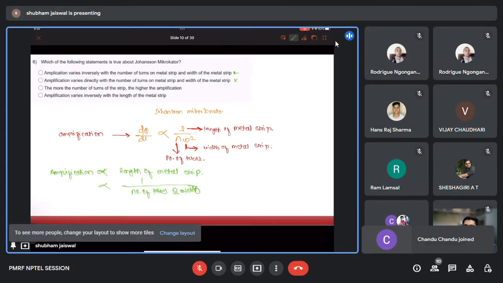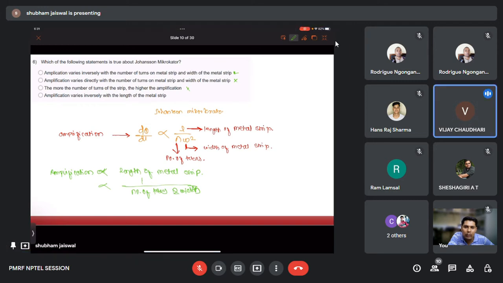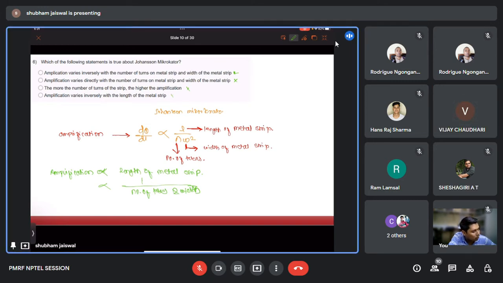Similarly, the more the number of turns of the strip, the higher the amplification: this one also is wrong. The amplification varies inversely with the length of the strip: this one is also wrong because it varies directly. So the correct answer to this question will be the first one. Okay. Any doubt? Okay. No.